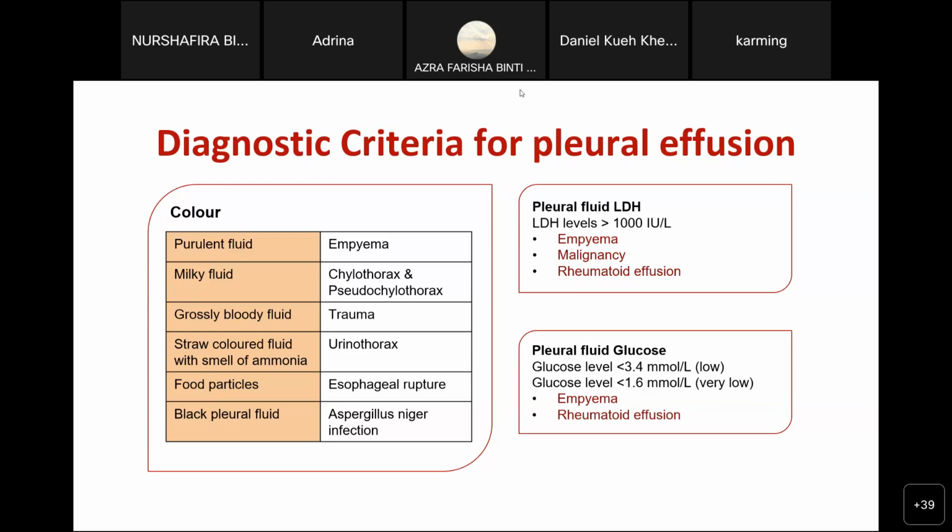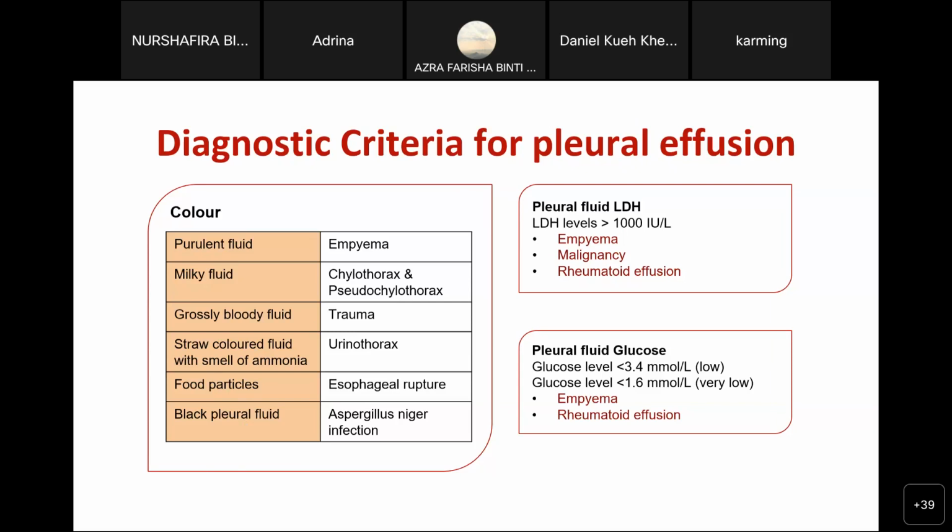No. Actually, we also can send pleural fluid ADA, but ADA is not available in HSM. We have to send to a private lab such as Pathlab or Gribbles. Actually, we can send if we have high suspicion of TB.